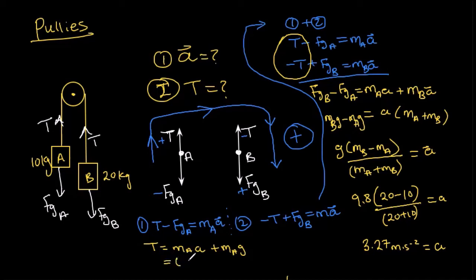So basically it's a matter of just putting in the values. Mass A is 10, the acceleration is positive 3.27, plus 10 times 9.8.